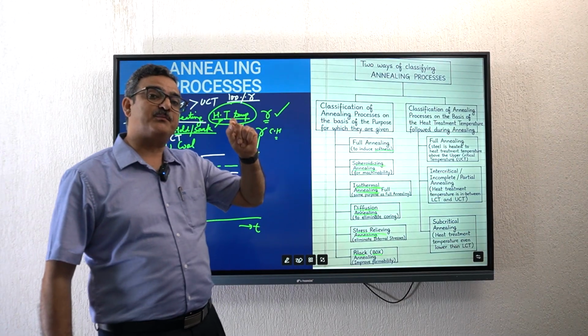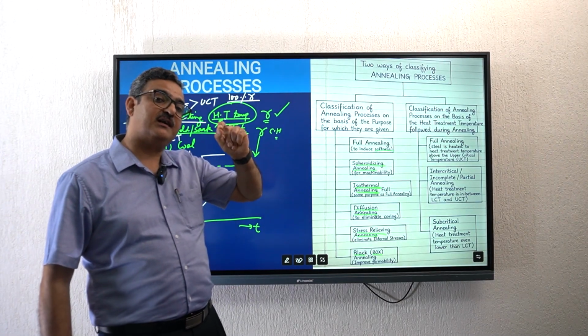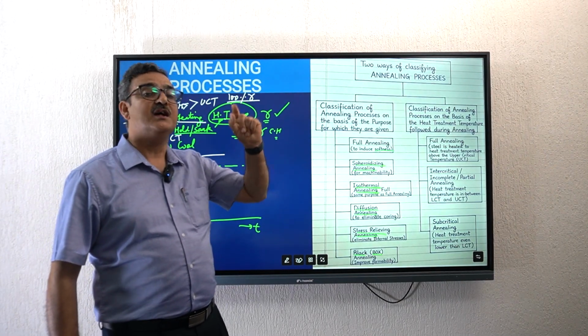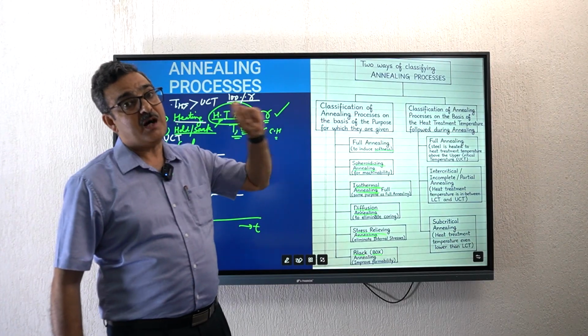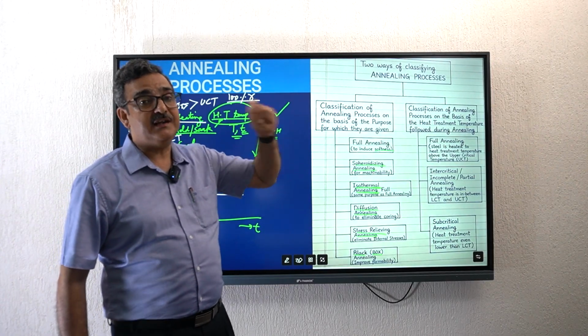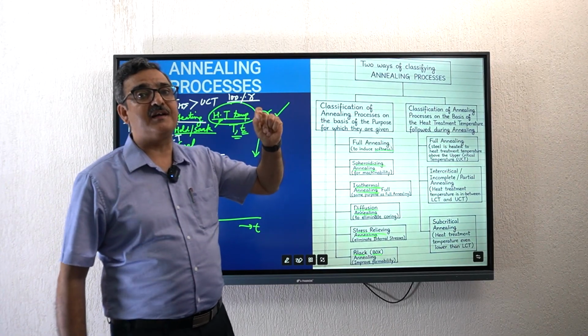If the heat treatment temperature is somewhere between the lower critical temperature and the upper critical temperature, you are giving partial annealing or incomplete annealing or intercritical annealing.